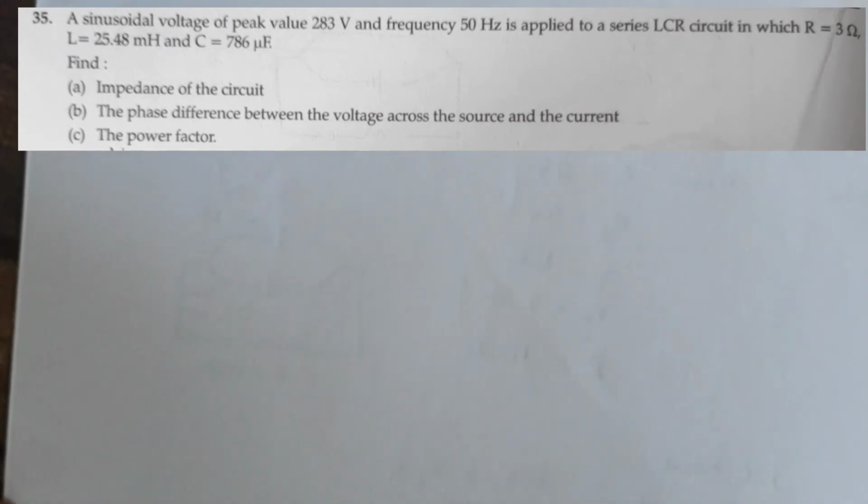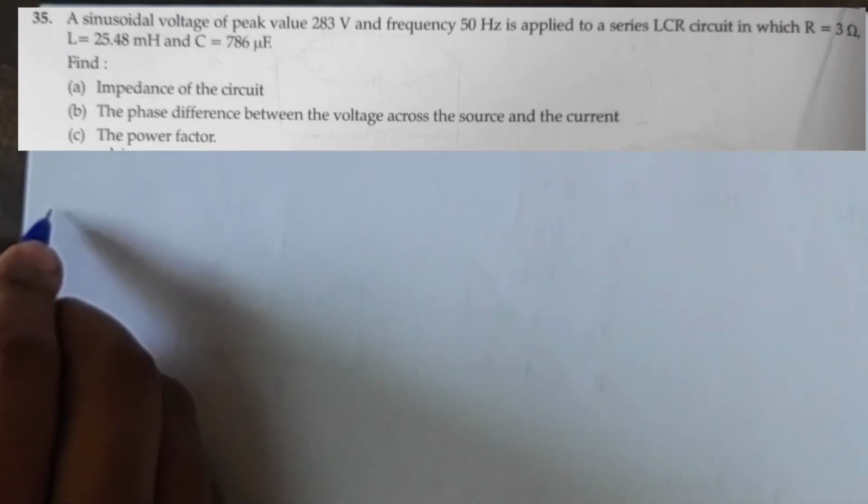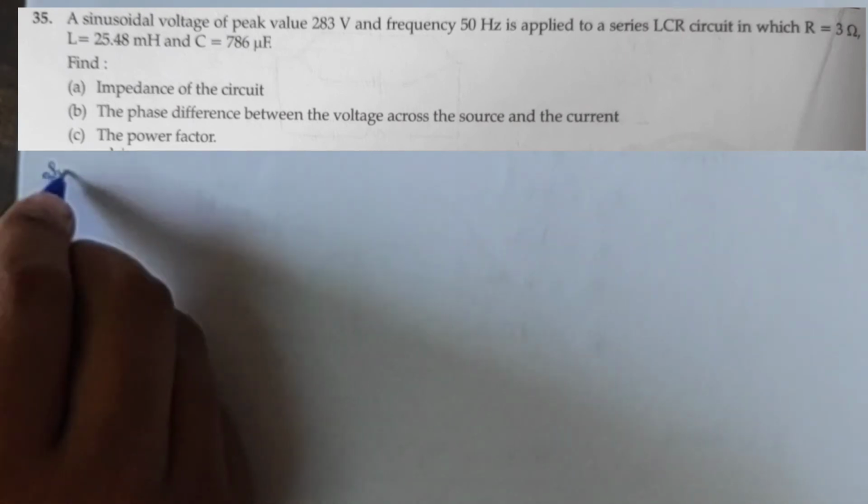Find A, impedance of the circuit, B, the phase difference between the voltage across the source and the current, C, the power factor.